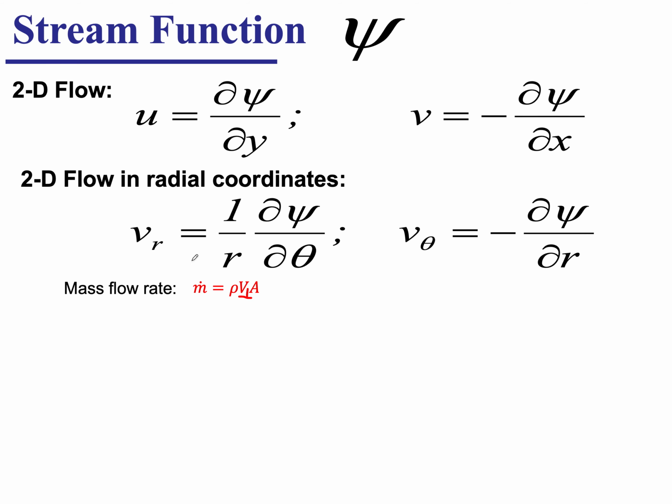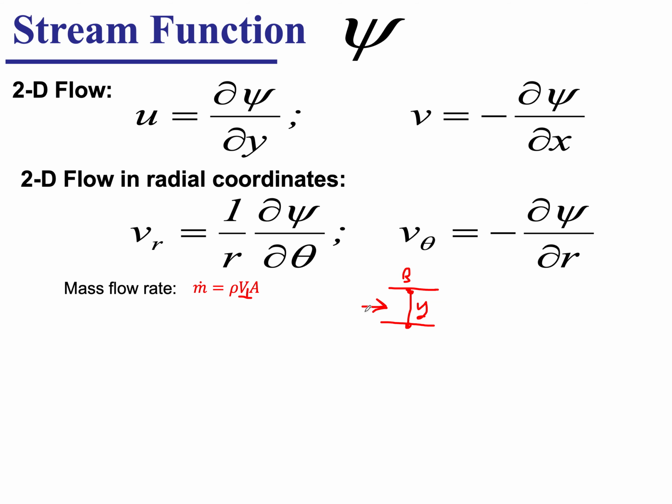So I can get the mass flow rate between, let's say I have two streamlines. That's a good example, and the velocity is purely in the horizontal, in the x direction. So I can get the velocity between those 2 points, and the distance between them is, let's say, y, and the width into the page is b.